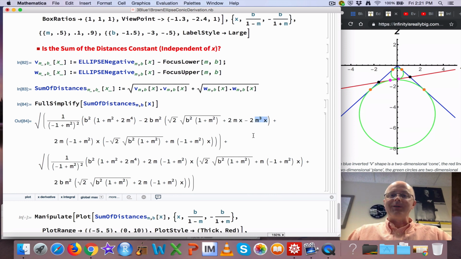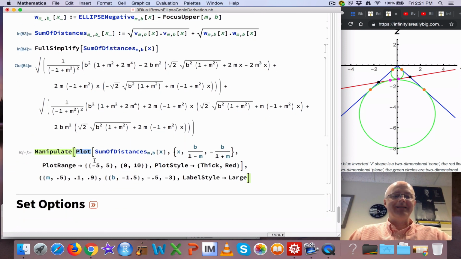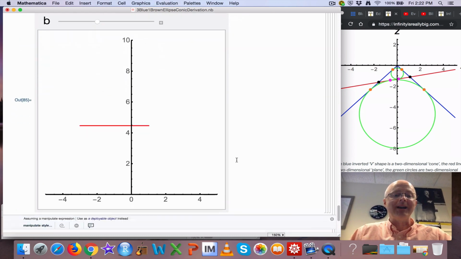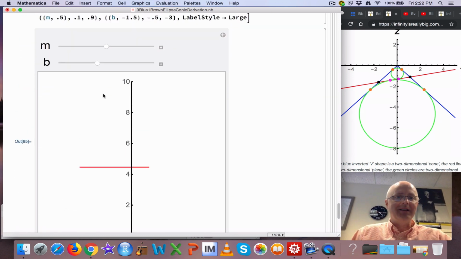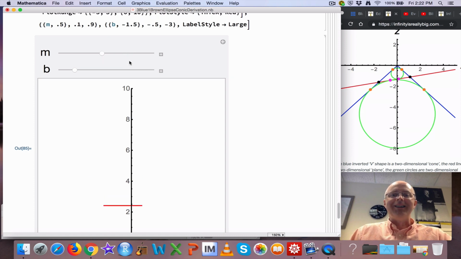However, that is deceiving, because if you plot the graph of this sum of distances as a function of x for different values of m and b, you do get a function whose graph is horizontal, constant, no matter what m and b are. This is a visual graphical proof, quote unquote, of the equivalence of the conic section definition and the sum of focal distances definition.